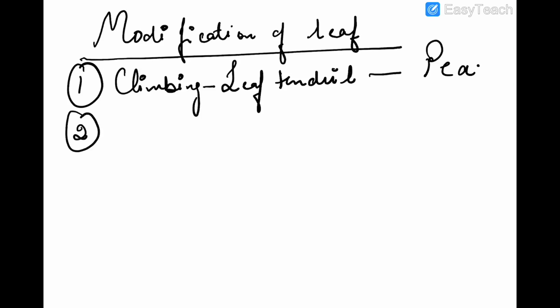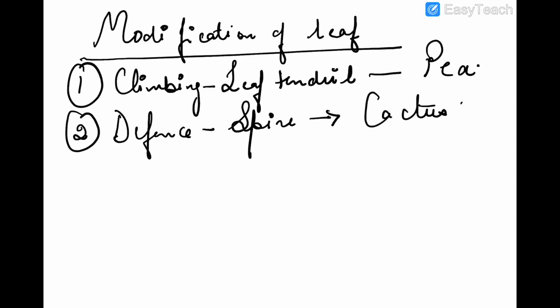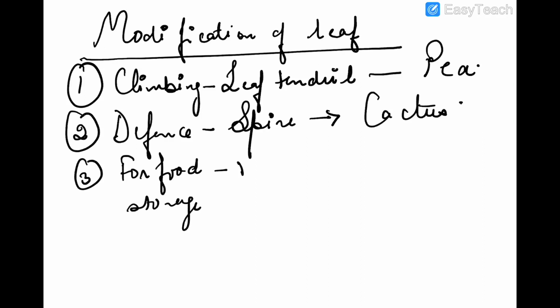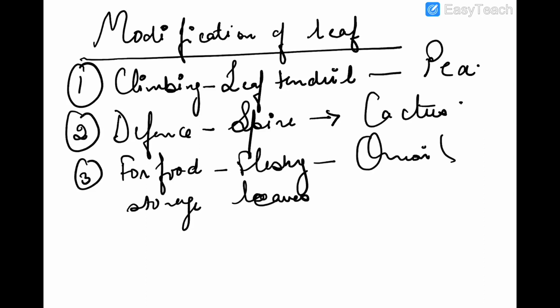Second is for defense, and the modification is called spine, and the example is cactus. Third is for food storage, that is fleshy leaves, and example is onion and garlic.